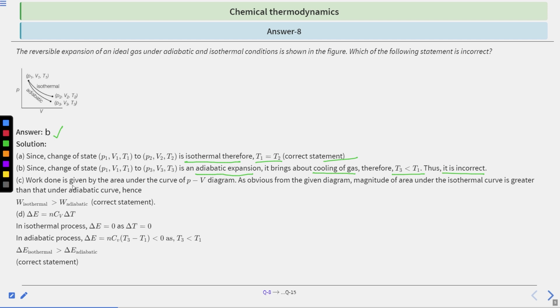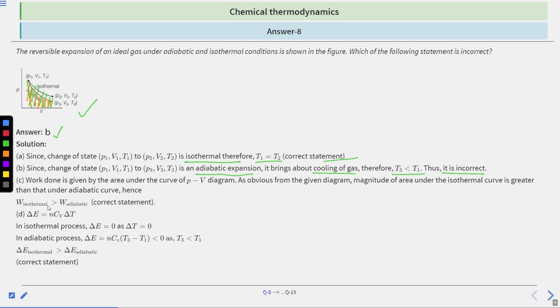In option C, work done is given by the area under the curve of the PV diagram. As is obvious from the diagram in the question, the magnitude of the area under the isothermal curve is greater than the area under the adiabatic curve.